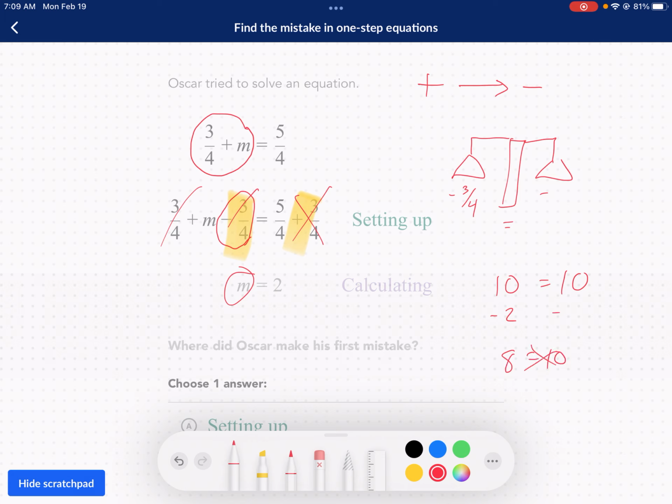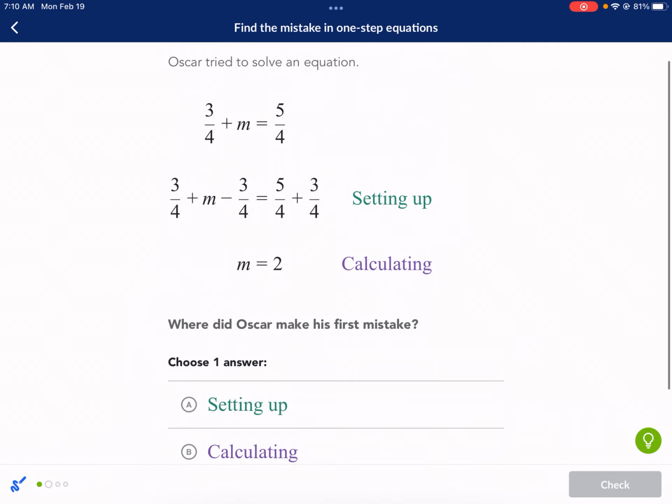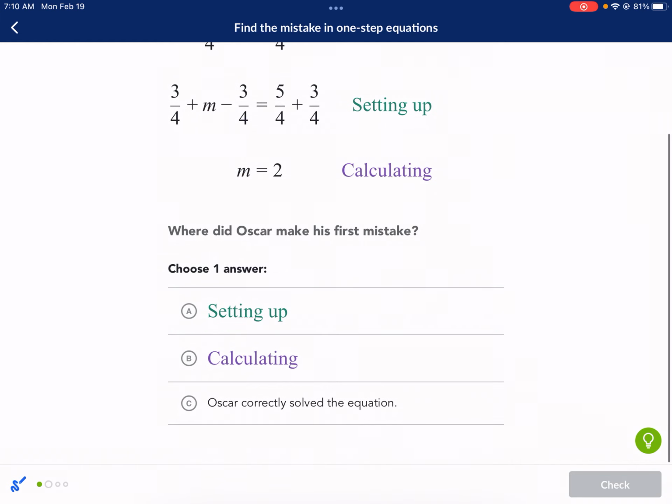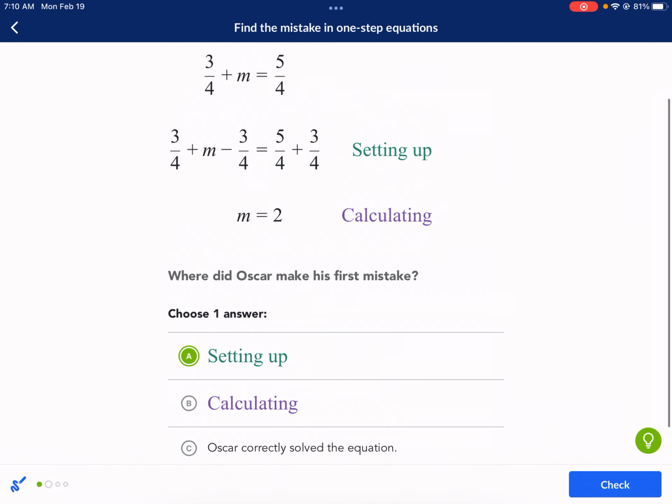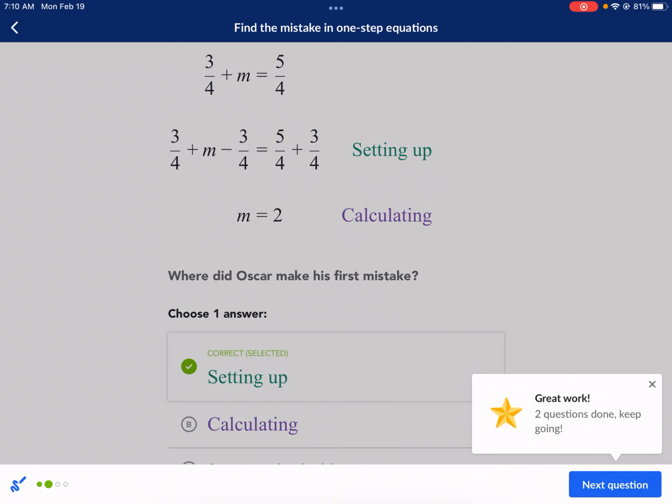That's wrong. We'd have to subtract 2 from both sides so that it stays balanced. We can't add to one side and subtract from the other. It's going to make one side go up and one side go down. So we need to make sure we subtract from both sides. Our error is in the setting up phase. We did not subtract from both sides, and that's the problem.